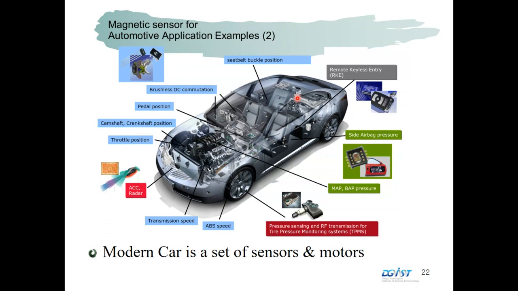If you get a new car, there are more and more sensors, especially for the self-driving one, where a lot of sensors are required. So there is a lot of research about sensors, but we're going to focus on the magnetic sensors in our class.